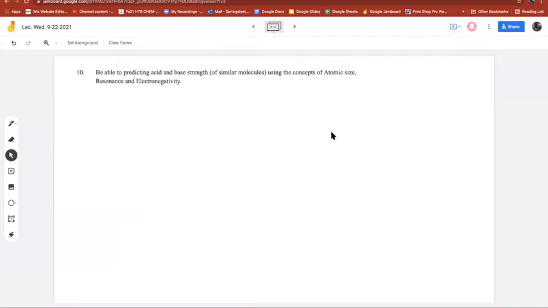So we've learned pKa's, right? We've talked about it. We've said things like, if I asked you, what's the stronger acid between, say, this molecule and the similar version of it, the alcohol? Which of these is a stronger acid?